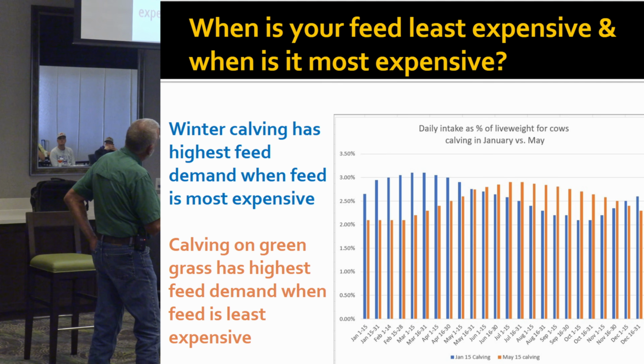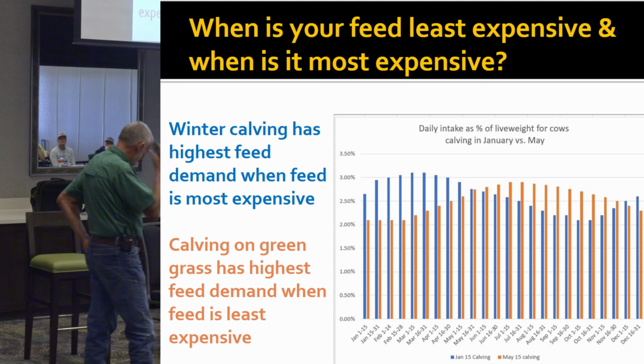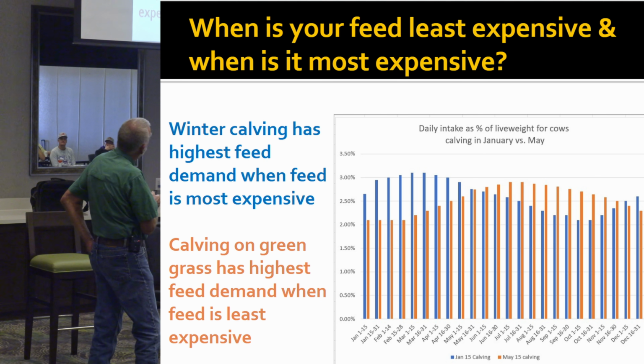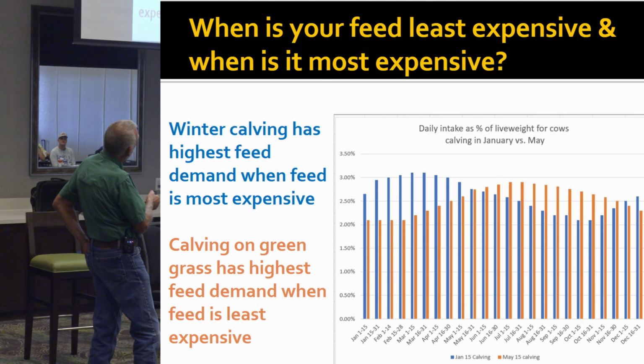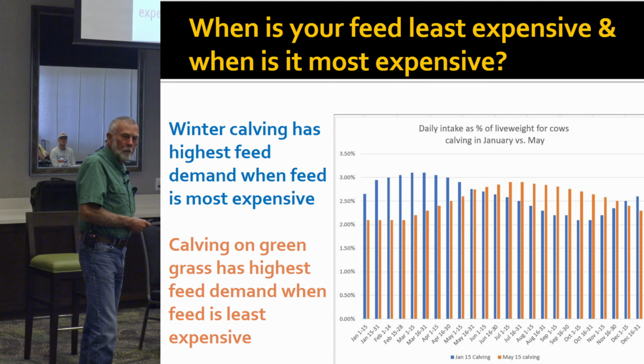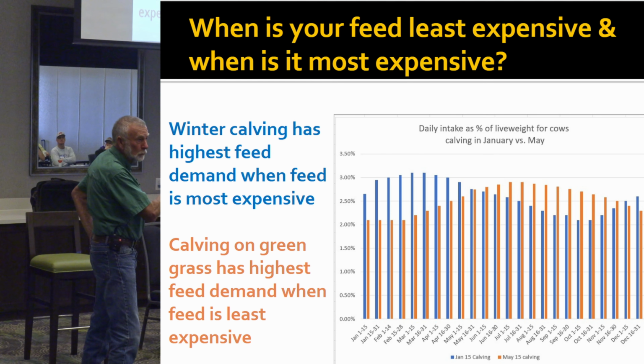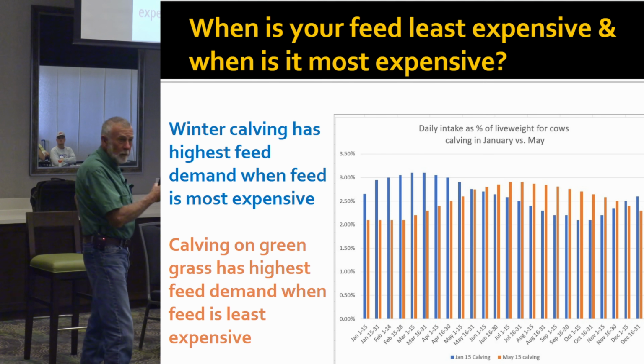Taper off through mid to late summer. But remember that calf demand is increasing at this time when we have that feed supply. Now, if you look back to the winter calving cow, her peak is above 3% of body weight. The summer calving cow, it's below 3% of body weight. That's that difference in winter cold stress increasing the demand.